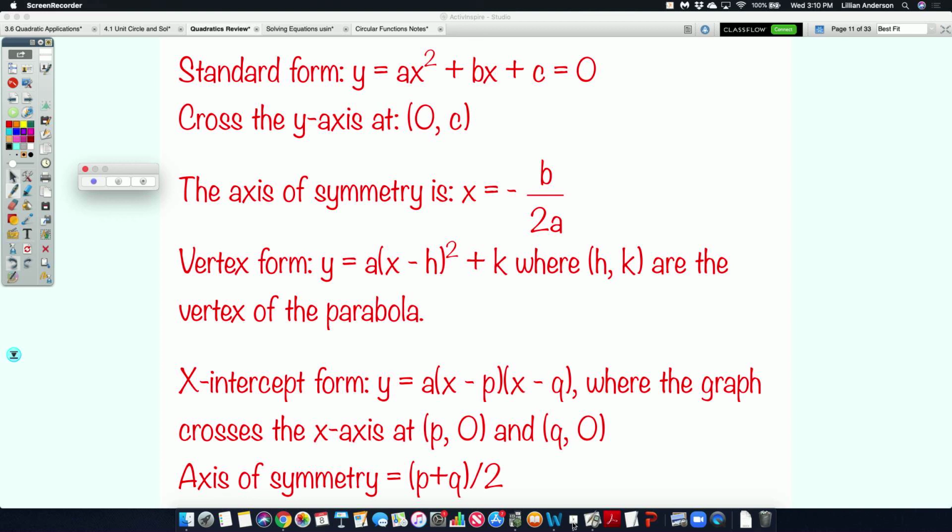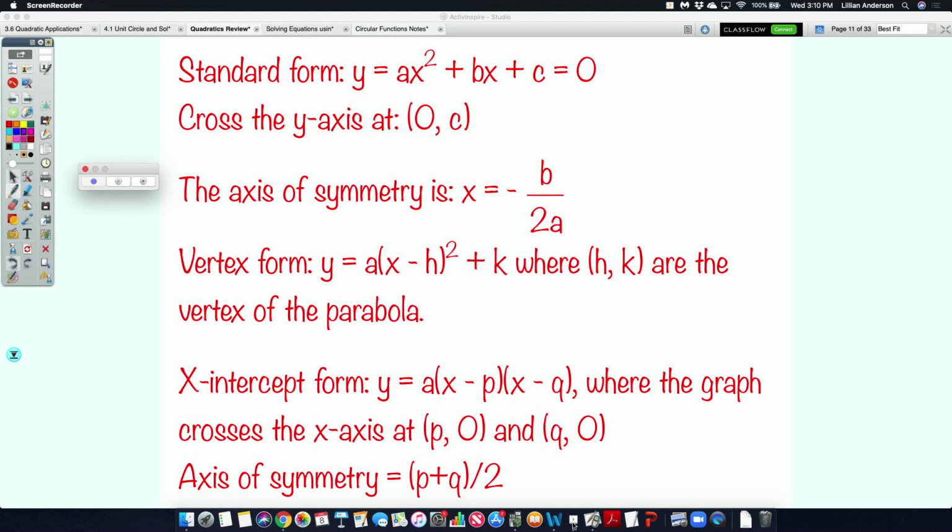You have vertex form, y equals a, x minus h squared plus k, where h and k are the vertex of the parabola, hence why it's called vertex form. And then the x-intercept form, aka factored form, y equals a, x minus p, times x minus q, where the graph crosses the x-axis at p, 0 and q, 0, hence why it's called x-intercept form.